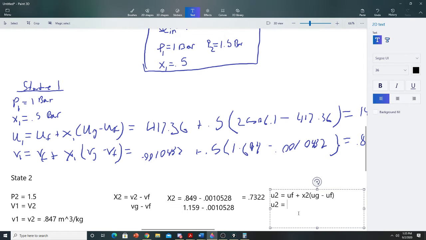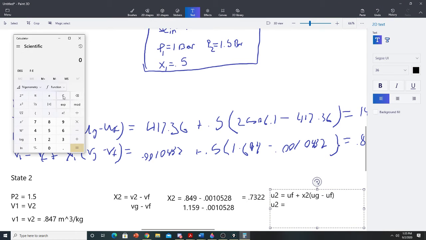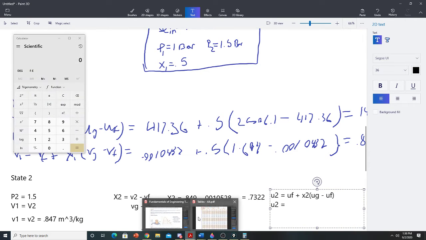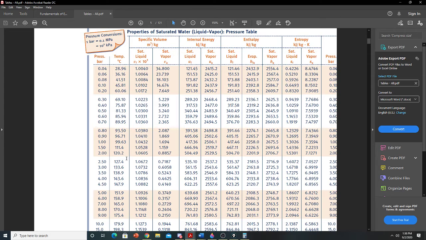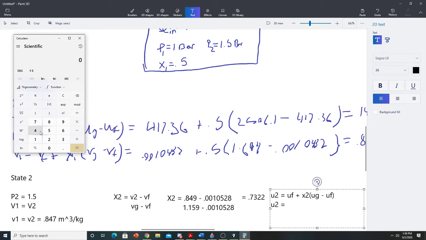U2 is now equal to, and I will just fill in the numbers here. So you can watch me put this in, but we now have UF, but we're on a new line, which is 466.94. So I'm going to go ahead and do that.